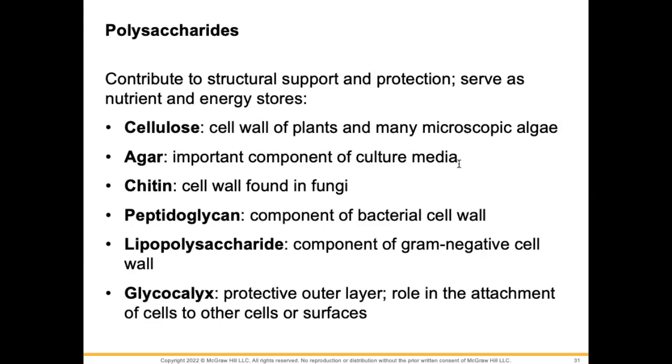And one thing that we'll learn is that there are a lot of barriers in a person to prevent them from getting infected with a particular microbe. But things like the glycocalyx will help that microbe take a good hold on the cells of the person or the animal or whatever it might be, to be able to infect them.